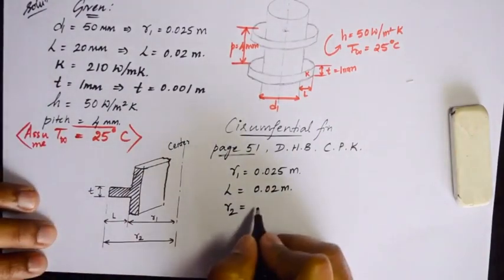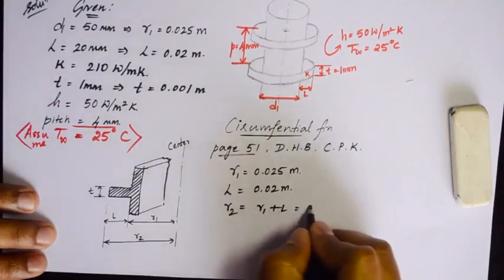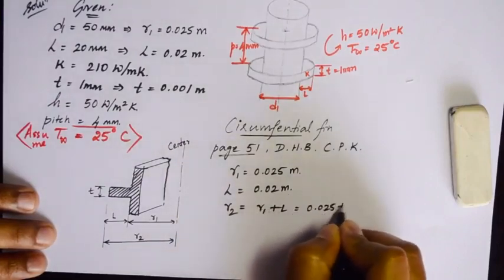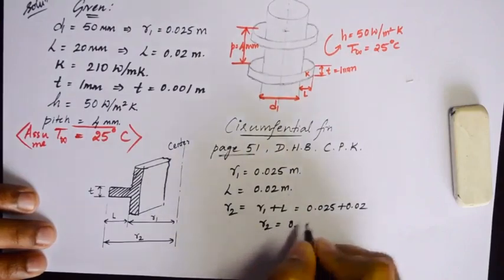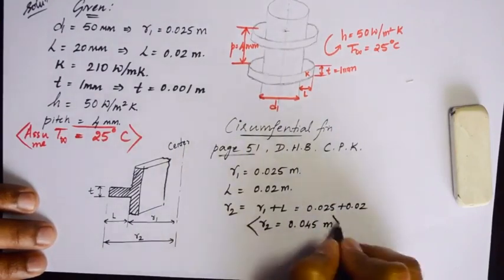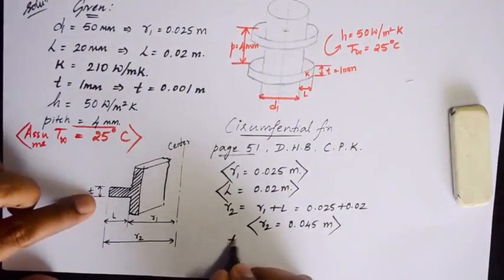So that is found as R1 plus L, and we know the thickness of the fin, it is 1 millimeter.